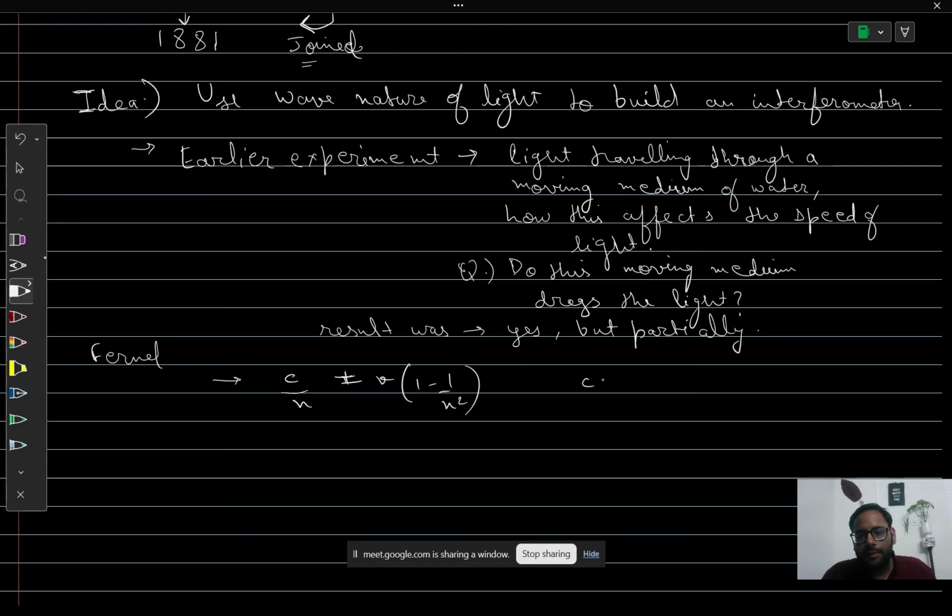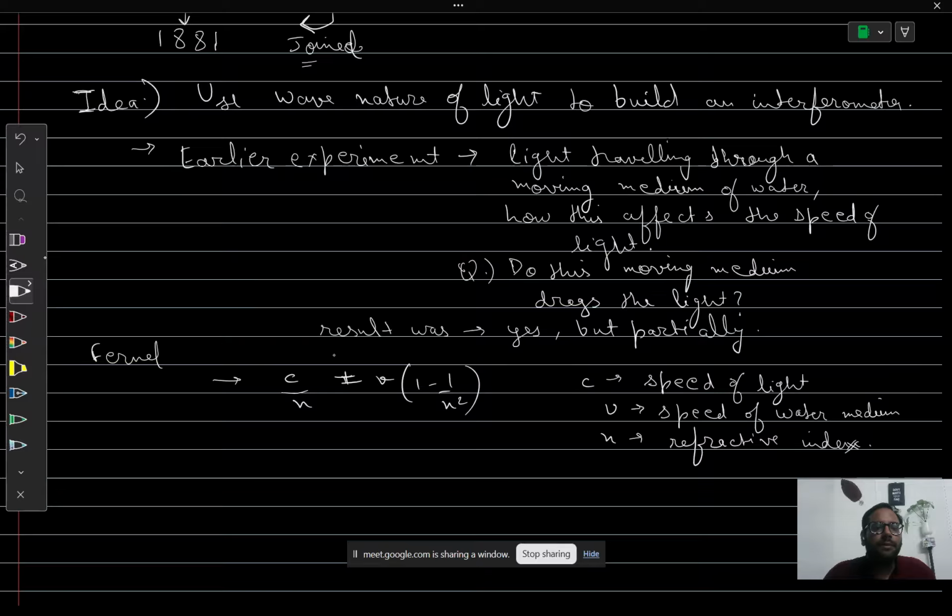Okay, well, c is of course the speed of light, and v is the speed of the water medium, and n is the refractive index.